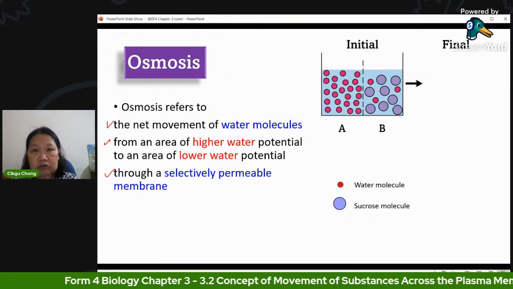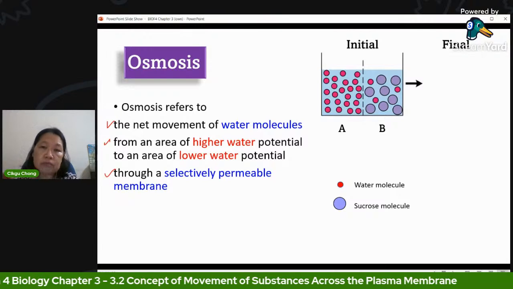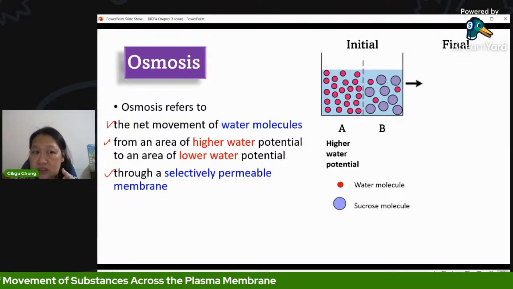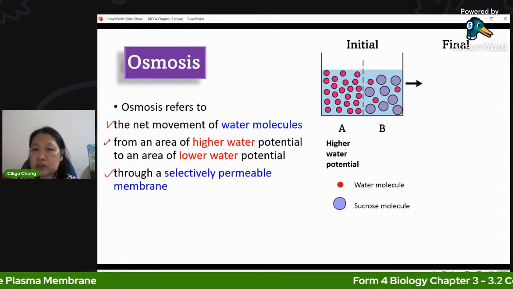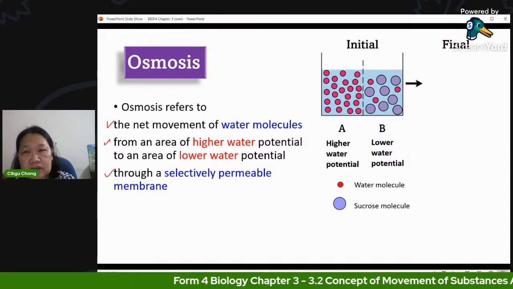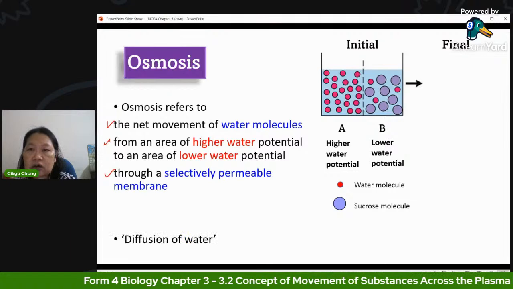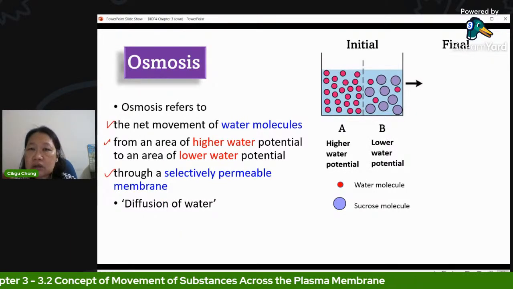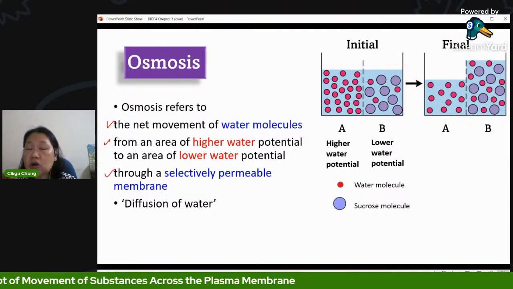Finally, this is the initial condition before osmosis happens. Your water will diffuse from a region of higher water potential to a region of lower water potential, which is the B side. The final result is that the water will move from A to B. So in other words, osmosis is actually diffusion of water.